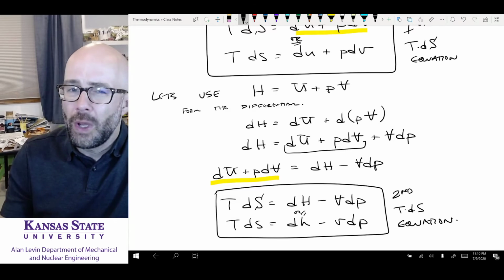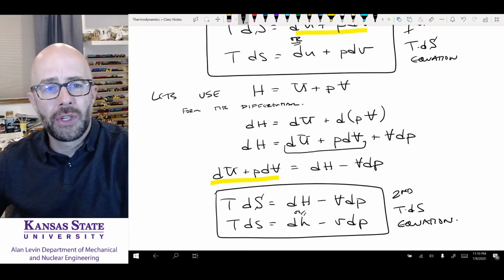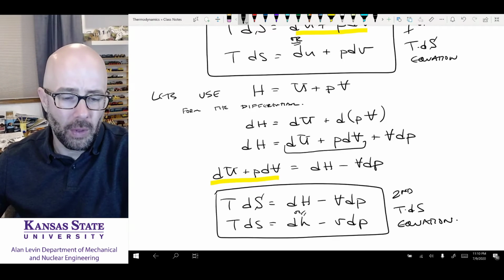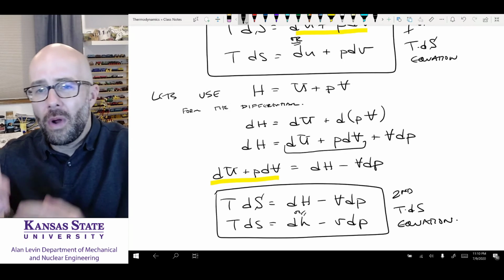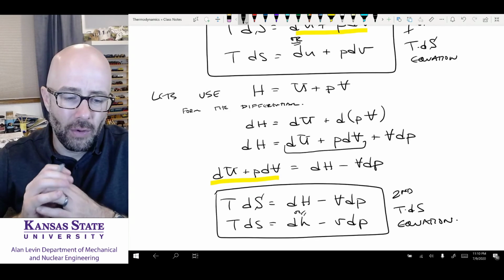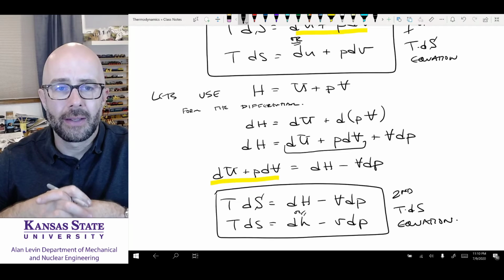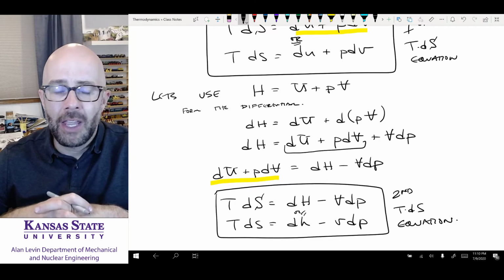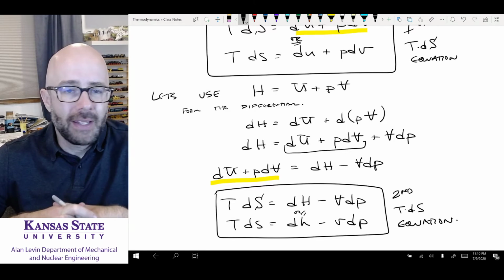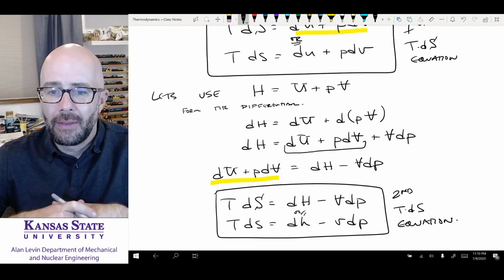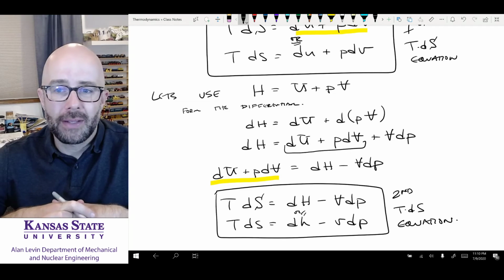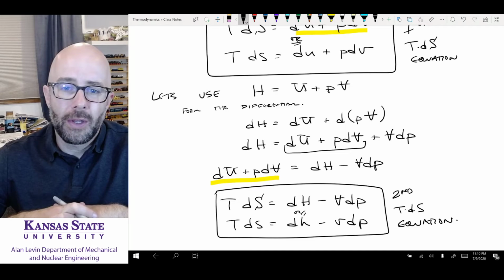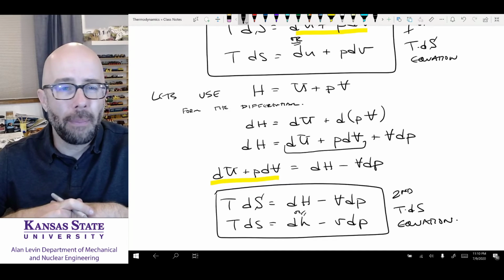So we can also do molar if we wanted to, dividing this into lowercase molar quantities. Now, we've defined these for internally reversible processes. Here's the thing: entropy is a property. It doesn't matter the process. Enthalpy is a property. It doesn't matter the process. Volume, pressure, temperature, these are all properties.